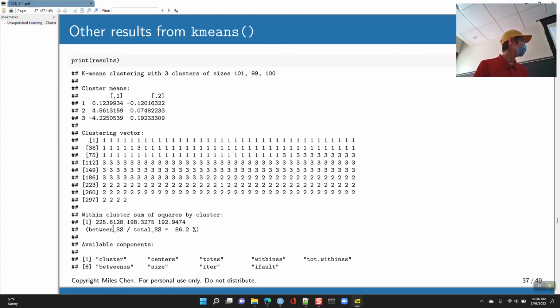That ends up factoring into your R squared value, right? So this is kind of like an R squared value for how much your between sum of squares accounts for the total sum of squares.